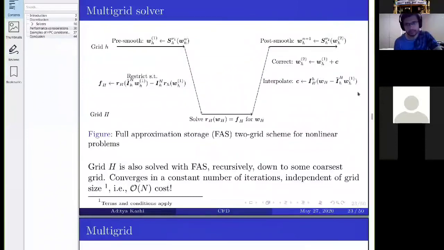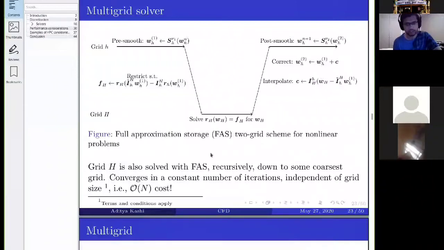This is not, of course, the exact error. This is just the error between the solution computed after solving this and what we had initially before solving it. Then we interpolate this to the fine level, and once we have the fine level, we typically smooth again, post-smooth, and apply a few more iterations of post-smoothing.